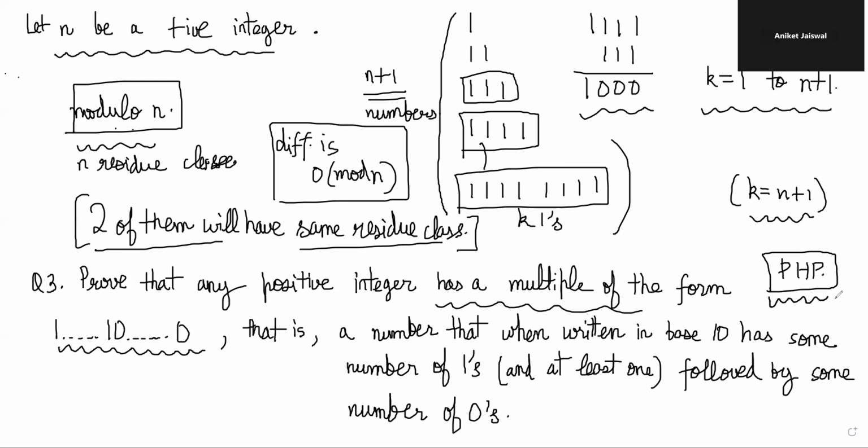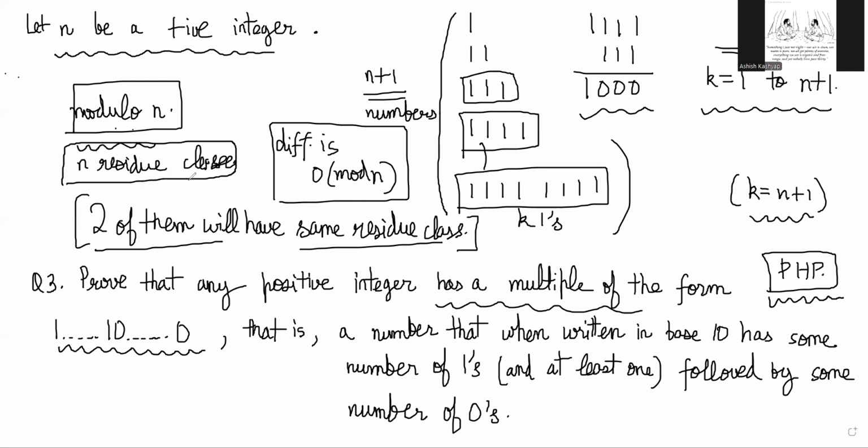The idea was of construction. We have taken n plus 1 numbers of the form 1, 11, 111 and so on, and we are saying that two of them belong to the same residue class modulo n. It is like what we did in class 1 for divisibility; we subtracted there too.